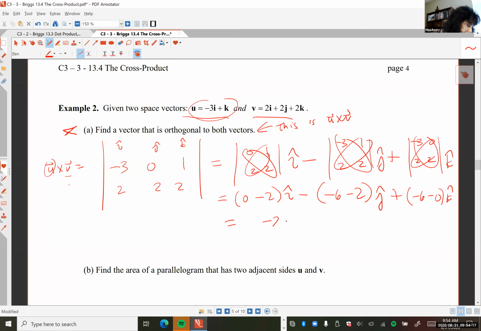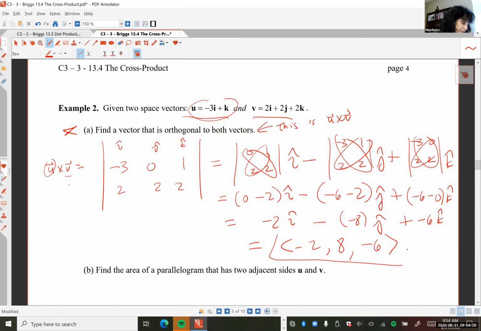So this is going to be -2 i hat minus -8 j hat plus -6 k hat. And a negative is a positive. I'm going to write this in component form because that's just my personal favorite. And there you have it. There is a vector that's orthogonal to the two original vectors.